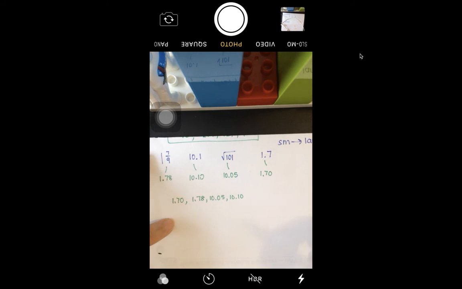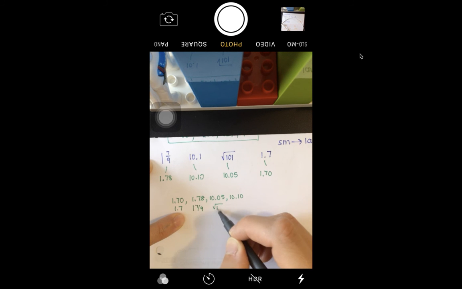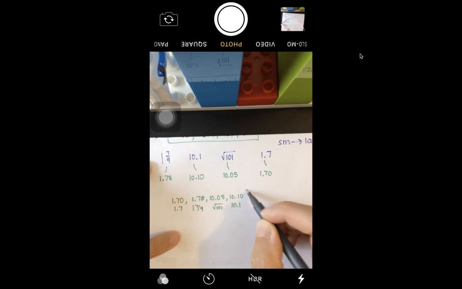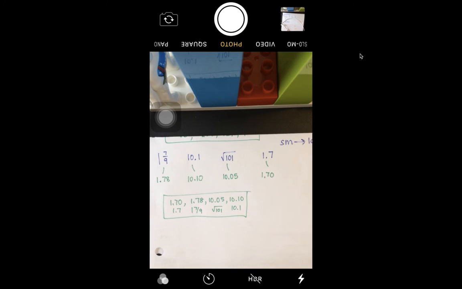You are amazing, right? Just think of it as money. $1.70, $1.78, $10.05, $10.10. Yay! Good job. And you can also write it in its original form if you want to. Either one is fine. You don't have to write both, just one. Okay. Let's do one more.